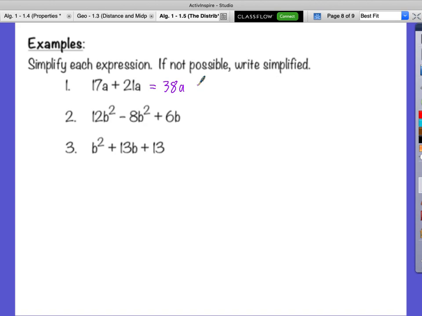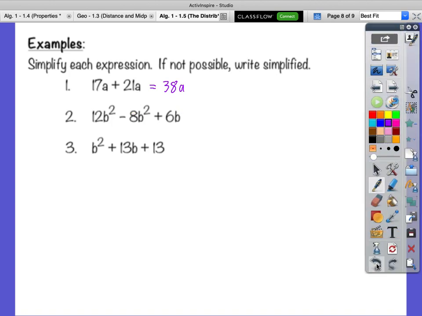On the second one, of these three terms, which two are like? 12b squared, 8b squared, and 6b. Why is 6b not like these two? It's not squared, right? The exponent right up here, okay? This is to the power of 1, where these are to the power of 2.